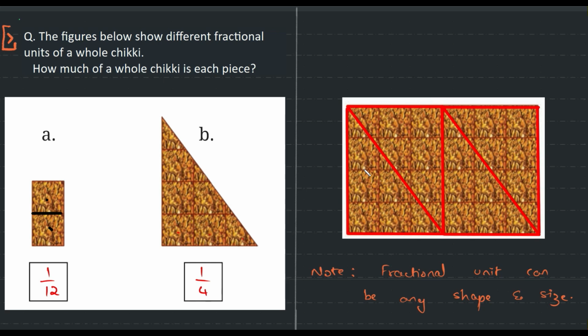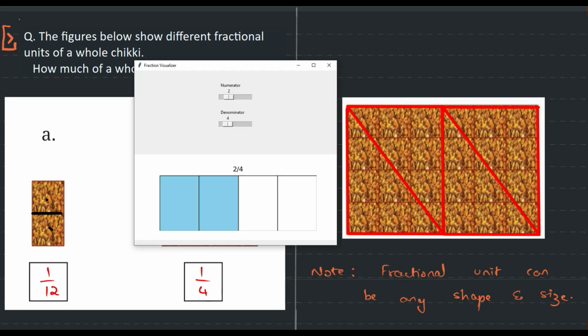All of these are examples. But if we choose one of the divisions, just any one of the divisions, that is known as a fractional unit. With this example, we could clearly see that fractional units can look different and can have different sizes. It depends on the situation, right? Here too, we have seen this actually.